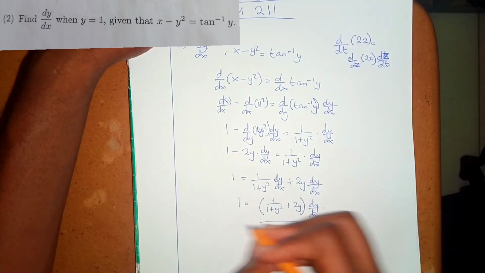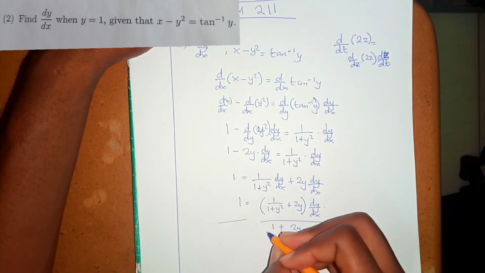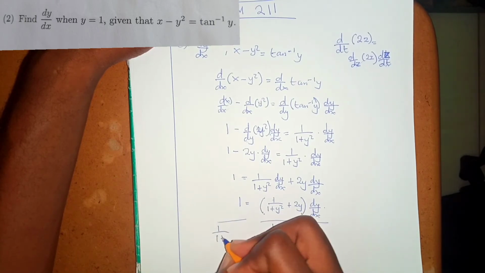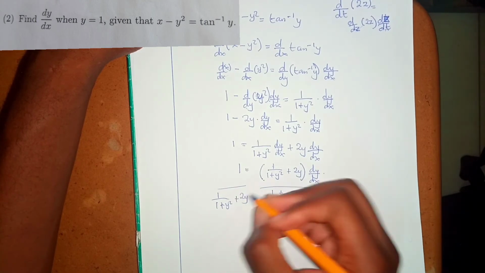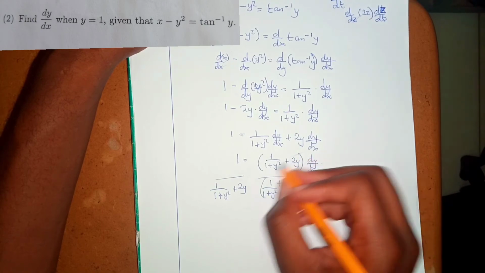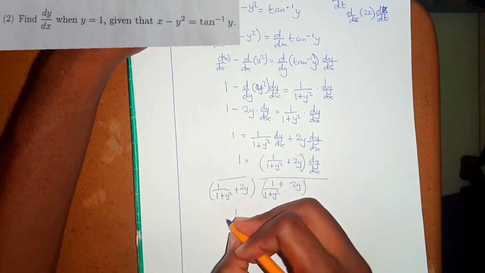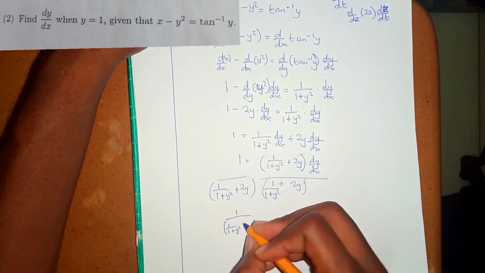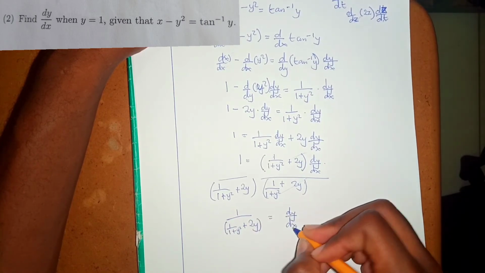So to make dy by dx the subject, we're going to divide both sides by 1 over 1 plus y squared plus 2y. Then this one and this one will cancel out. Here we're going to have 1 over 1 over 1 plus y squared plus 2y being equal to dy by dx.